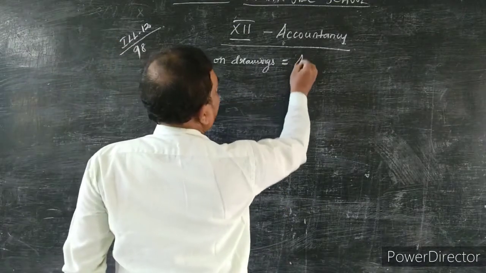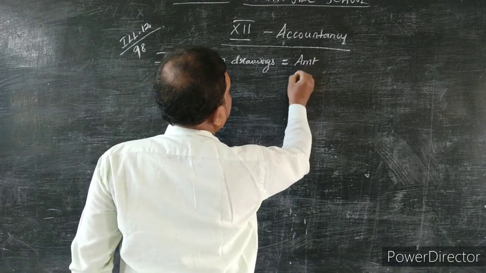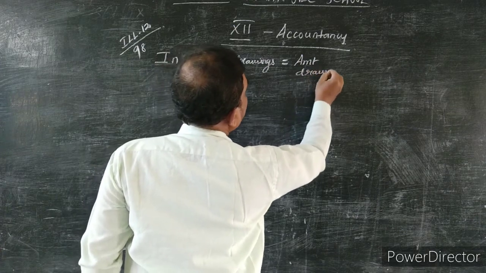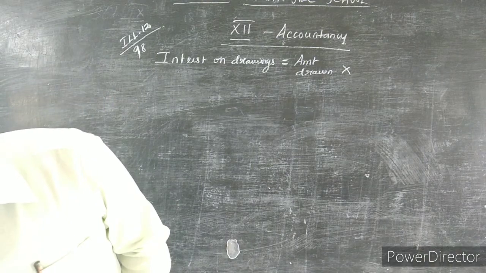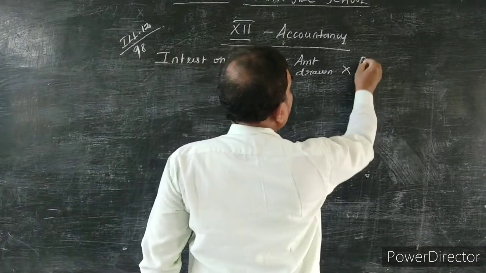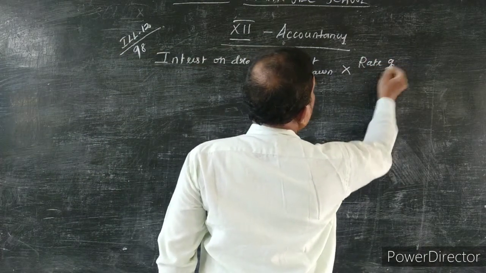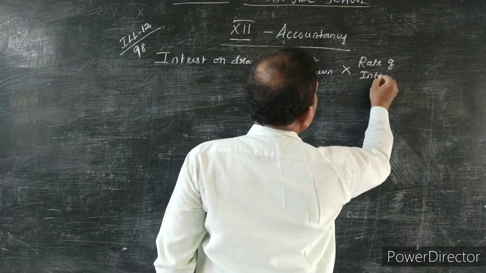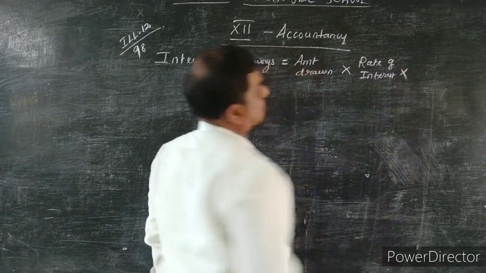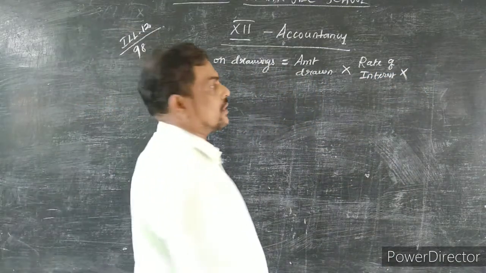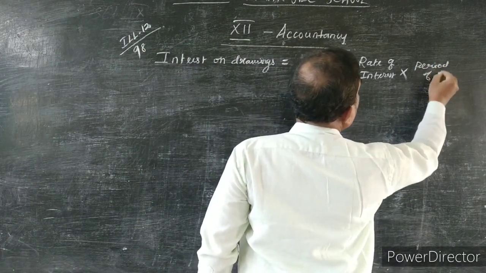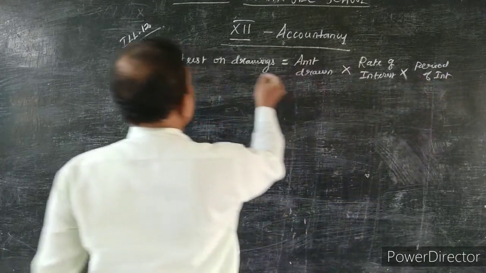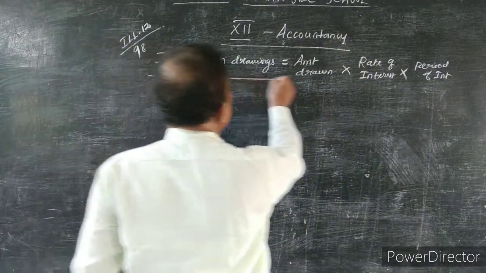What is the formula? Amount drawn, that means how much amount he has taken, into rate of interest, into period of interest. This is the formula.